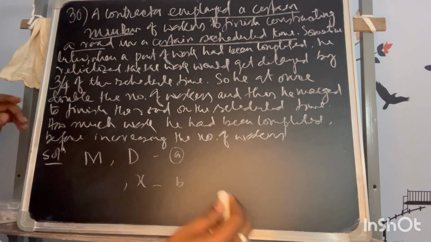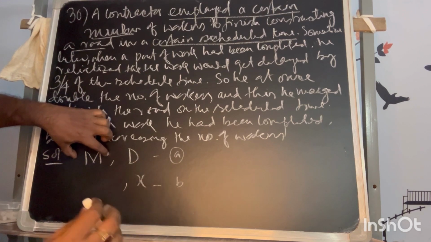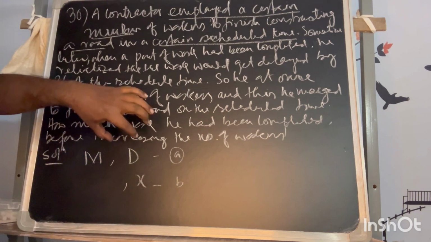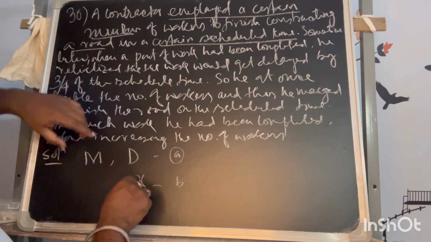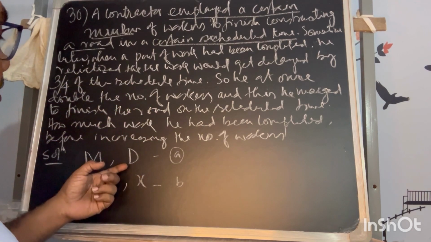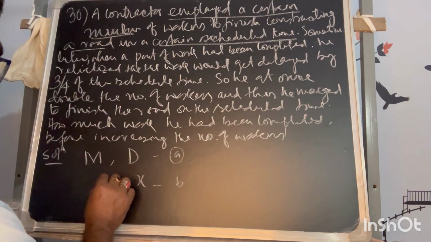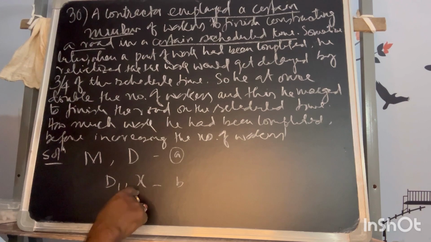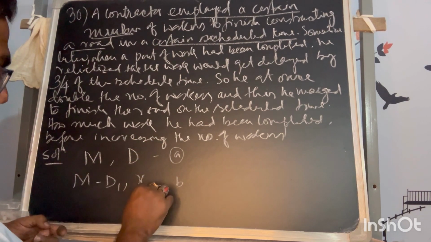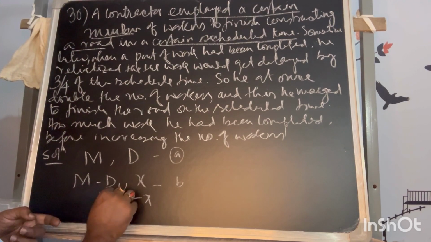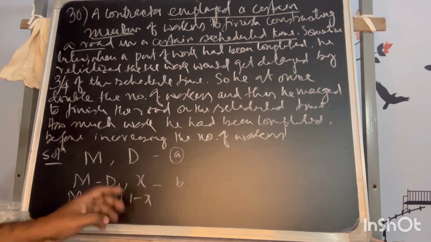If he goes with this manpower, the remaining job, that means 1 minus x, cannot be done in the remaining time. Let's say x is done in D1 with manpower M; the remaining job 1 minus x cannot be completed in D minus D1, the remaining days, with this manpower.